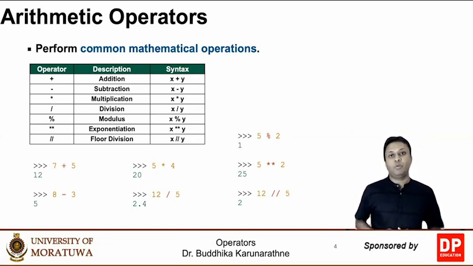Standard division always results in a float, or a floating point number, whereas in floor division, the fractional portion of the result is truncated, that is removed, and only the integer part is kept. You can see in the examples how the division of 12 by 5 results in 2.4 and 2 with the two different kinds of operators. And also, we can have the exponentiation and modulus operations as well.